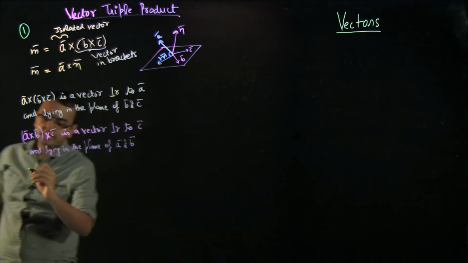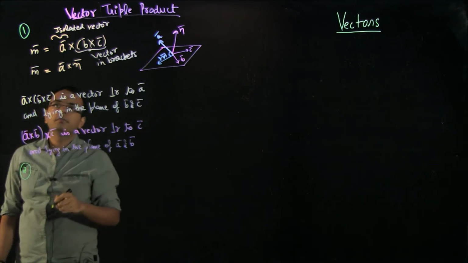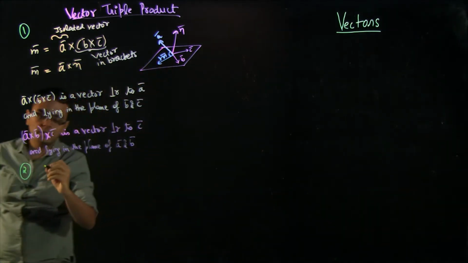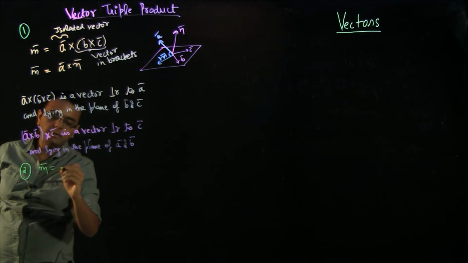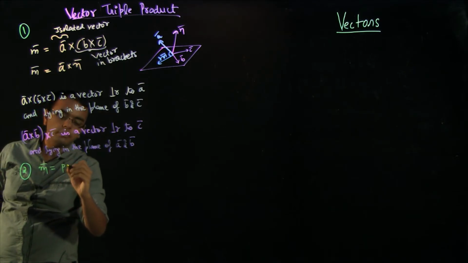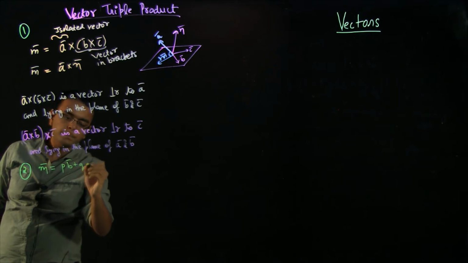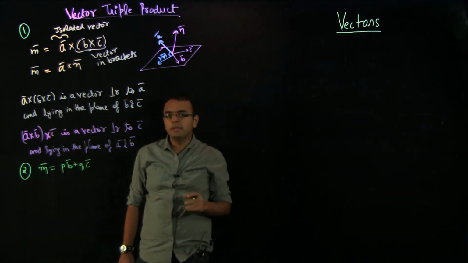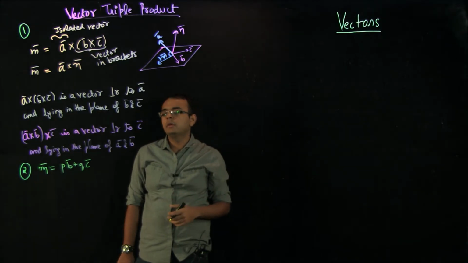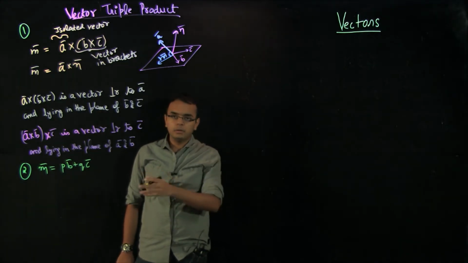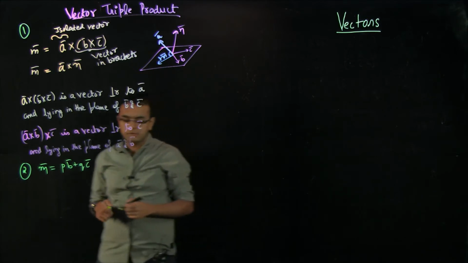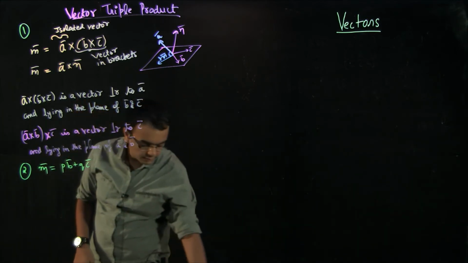The second property that I want to discuss is that vector M, which is A cross (B cross C), lies in the plane of B and C, so we can write it as a linear combination of B and C, where P and Q are scalar, real values. We don't have to derive this, but just remember it as a rule.